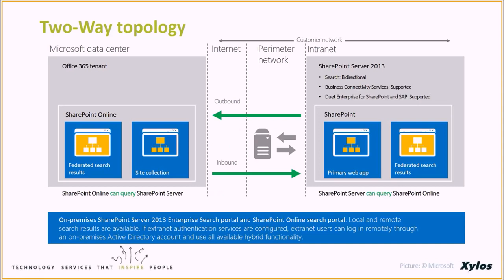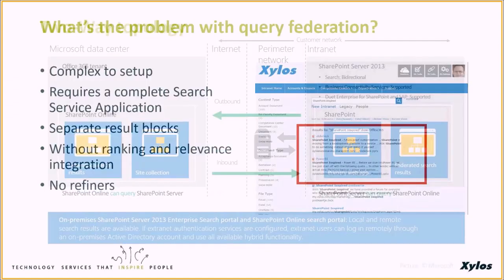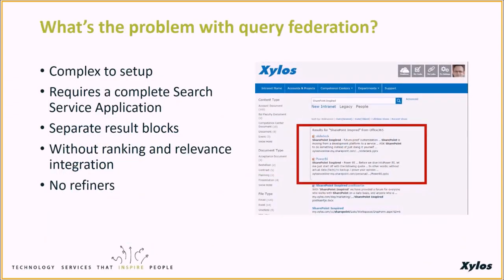The nice thing about these two scenarios is that they're already supported and they're already in the product. So if you're using SharePoint 2013, it even might be the RTM version. You should not be on the RTM version, but even on the first version of SharePoint 2013, this was supported, and this can be made to work. But if you want to be really fancy, you have to go to the new hybrid capabilities that we're going to talk about. Because what is the problem with this existing query federation scenario?